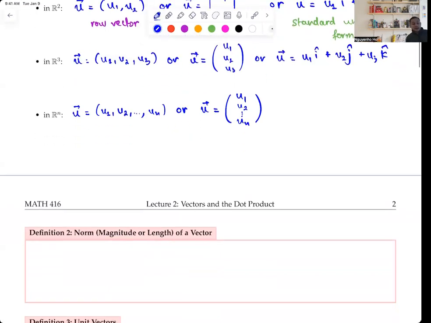And in the standard unit vector form, you have u equal to u1 times e1 hat plus u2 times e2 hat plus up to un times en hat. Right, so hopefully you remember this notation from the previous courses.